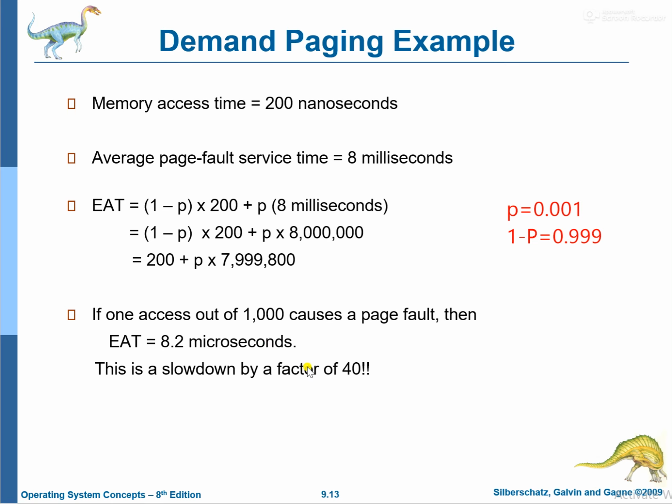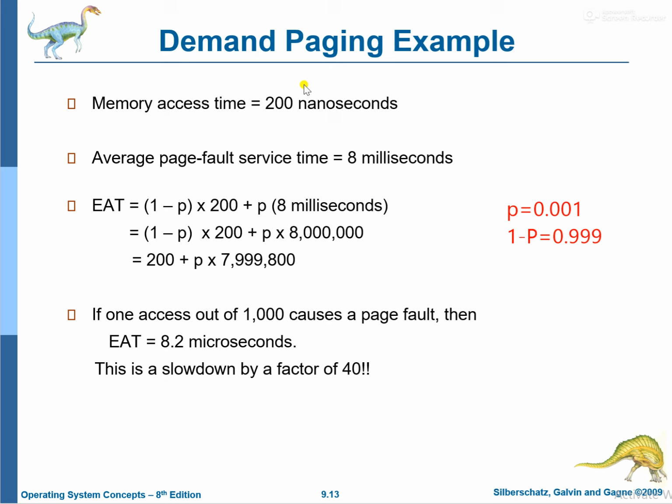So how did they get this 40? 8.2 microseconds divided by 200 nanoseconds gives you approximately a factor of 40. That is, it slows down this much if we keep demand paging.